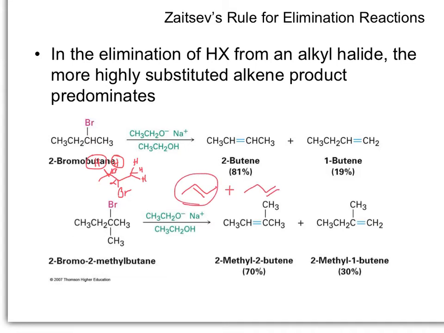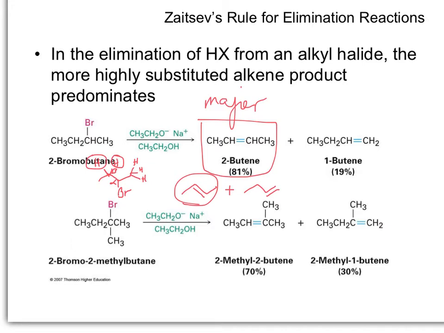And since the first one is more substituted, when I use the word substituted, again, it basically means that you have more alkyl groups on that double bond, and that would make it more stable. And as you can see, we have 81%, so your major product is also the more substituted alkene.